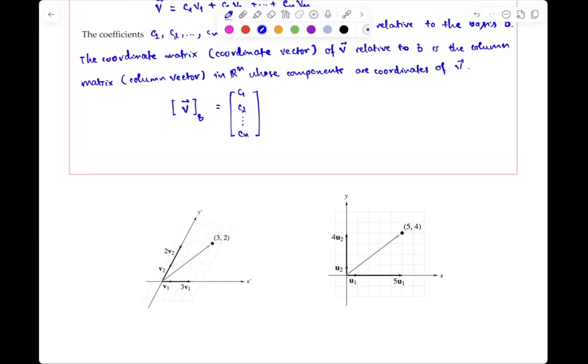In game development, it's not easy to design a game with only one coordinate system. So I'm going to use the terms local coordinate and global coordinate, or the world coordinates. You have one character, and the point of view of the character. Let's say you have the character standing right here.